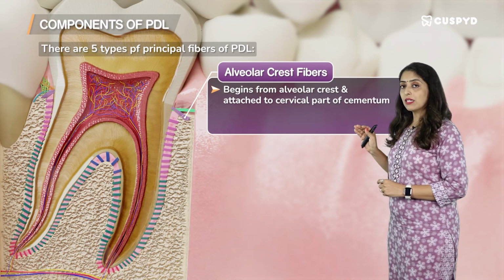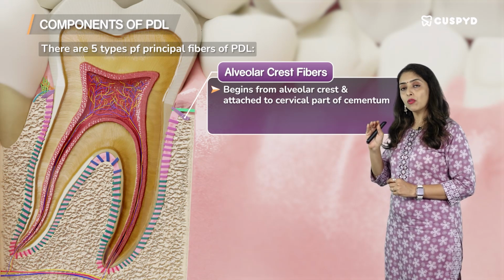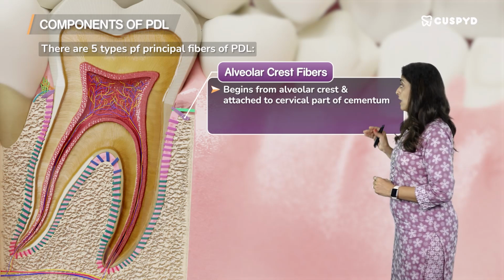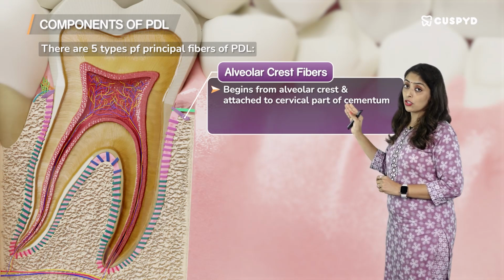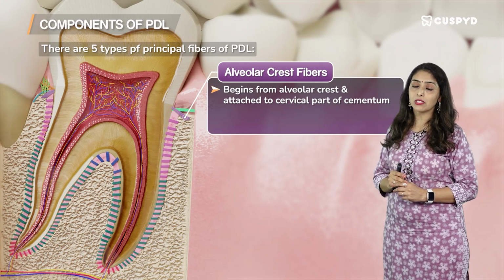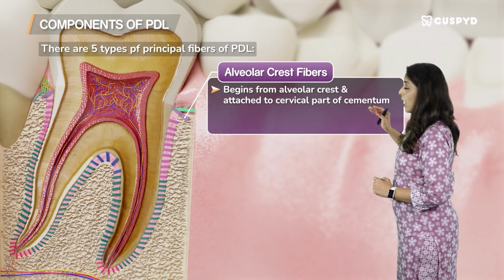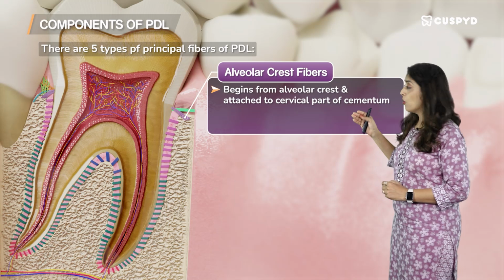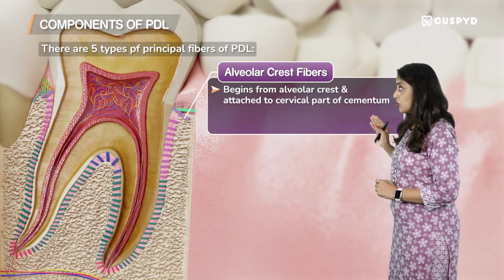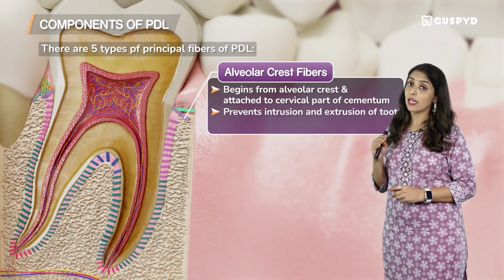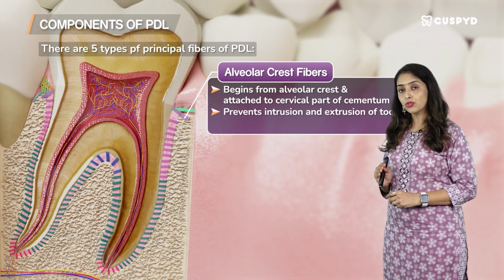So the alveolar crest, remember, is always going to be slightly below the cervical margin, and that is why when these fibers go from the alveolar crest to the cervical margin of the cementum, they prevent either the upward movement, that is called extrusion, or the downward movement of the tooth, that is intrusion.